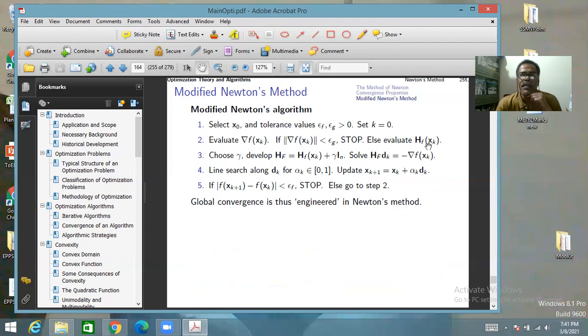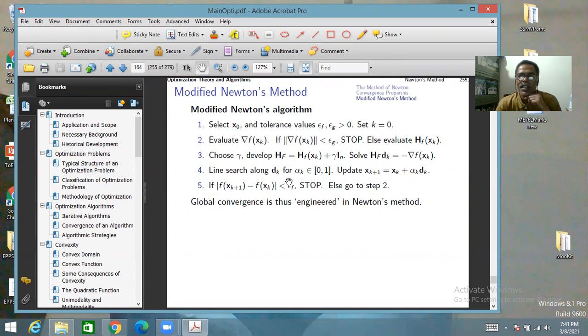Else evaluate the Hessian. Choose gamma by whatever method you can do that best. Develop the replacement Hessian if needed. Then solve that replacement Hessian system for dk equal to negative gradient. So from here, by solution, you get dk.